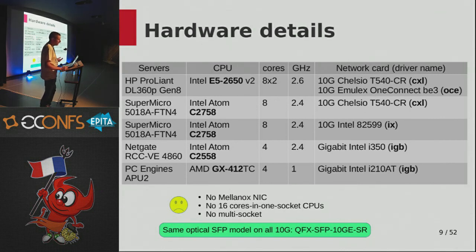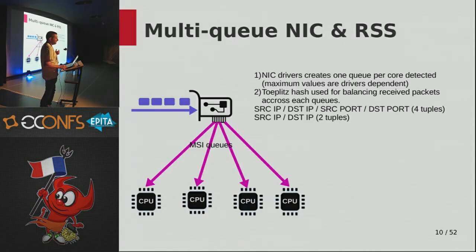Now, before tuning FreeBSD or any kind of server, there's a first concept you need to understand: how a standard network card works today on FreeBSD. When your driver loads, the kernel tells the network card how many CPUs you've got. With this information, the network card will create multiple queues, with a maximum value depending on the driver.